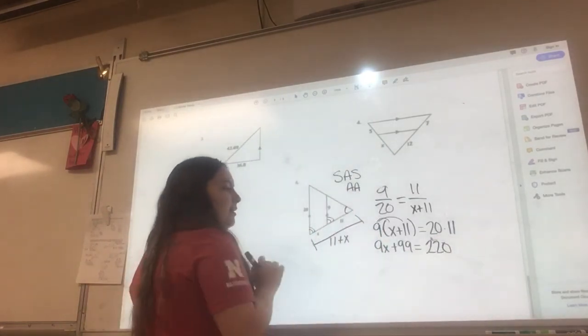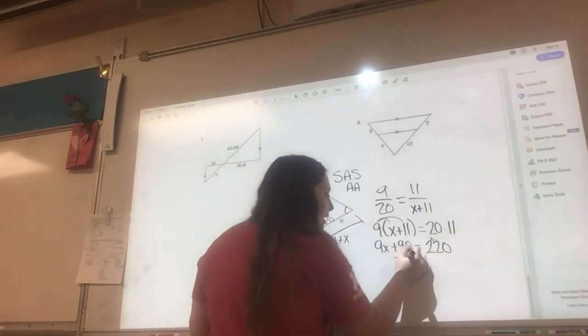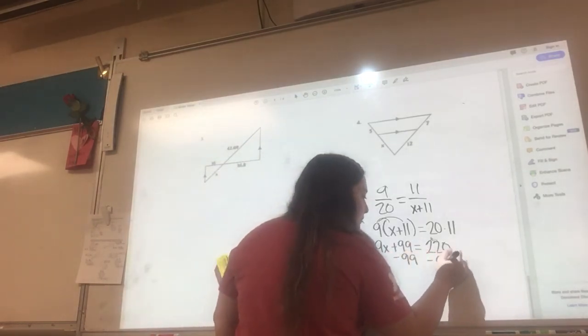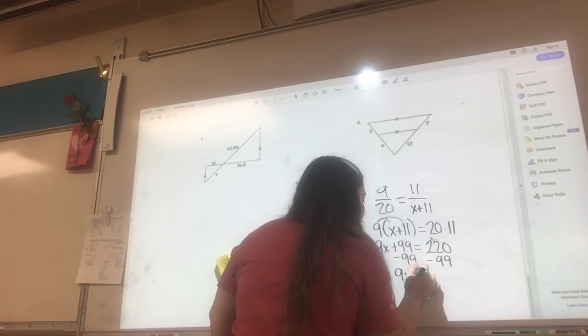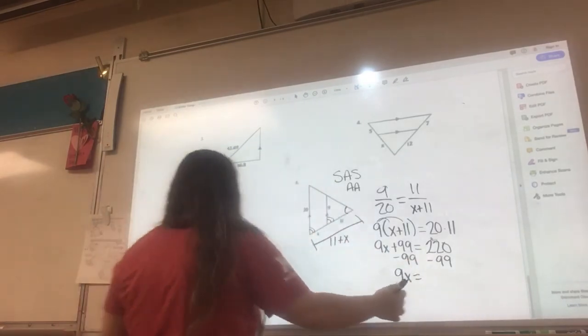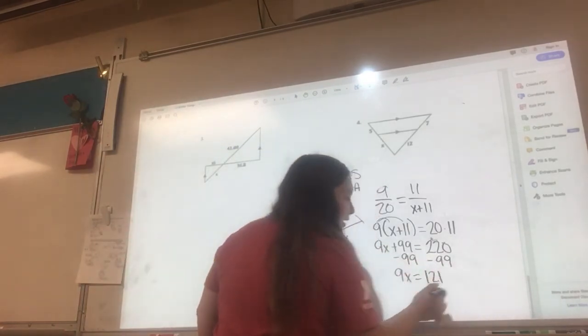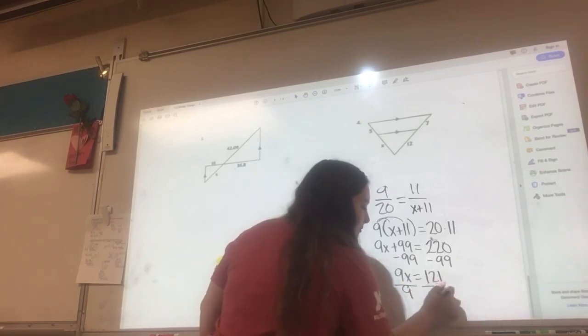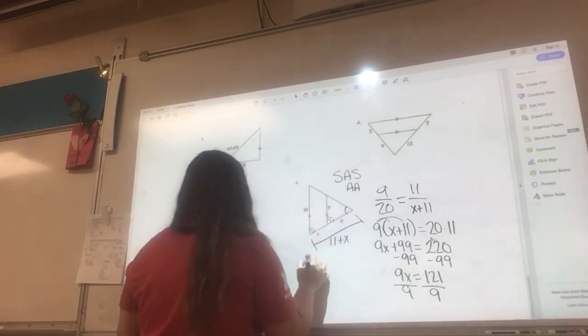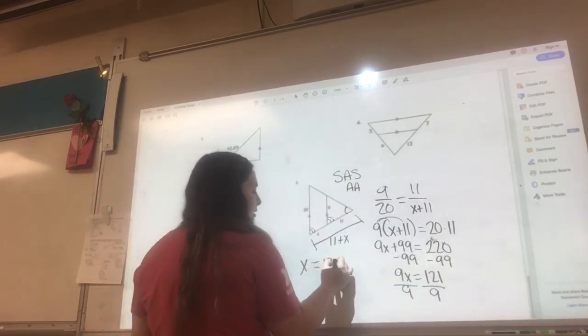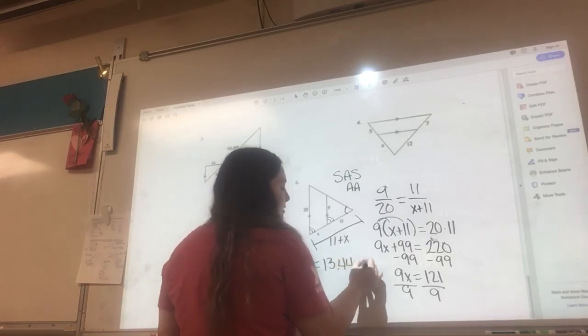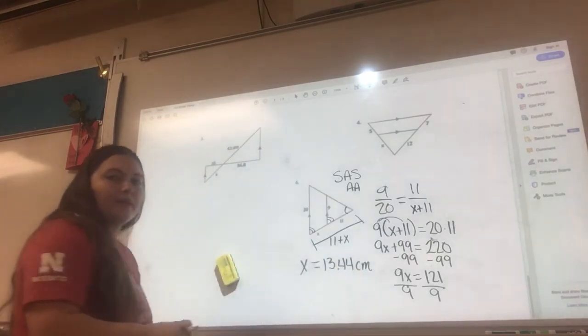I now need to get my x by itself, so I'm going to subtract 99, where 9x is going to equal 121. I'm going to divide by 9, and x is going to equal 13.44 centimeters.